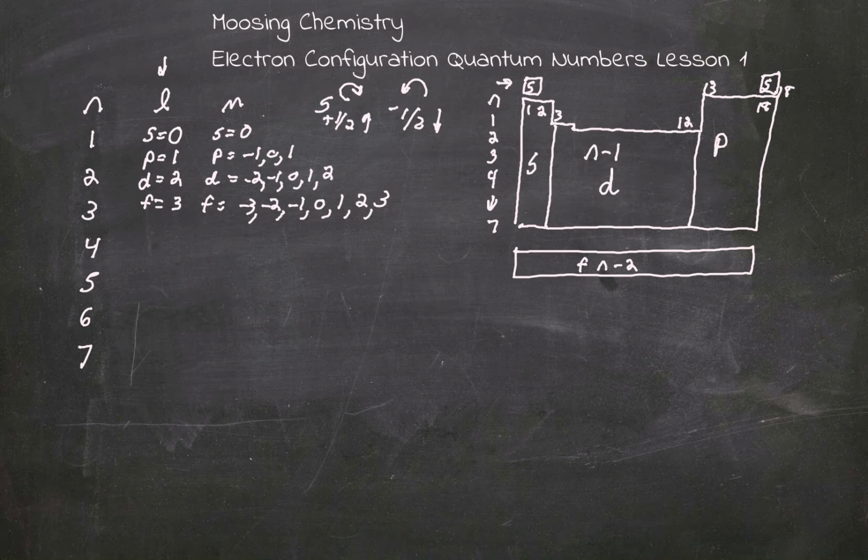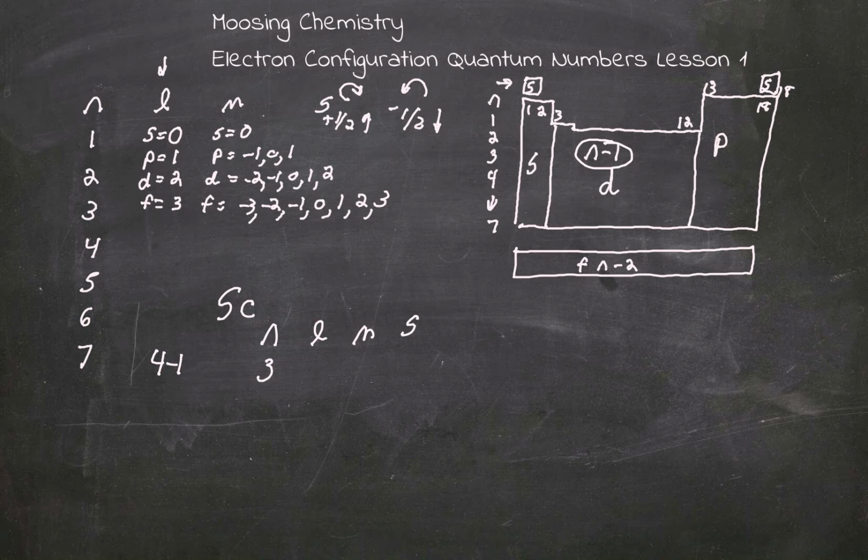Okay, let's look at 2 more. Let's take scandium. Remember we have N, L, M, and S. Now scandium looks like it's in the 4th row going across, but remember that scandium is in the D block, which is N-1. So for the N value, you would say 4 minus 1, which gives us an N value of 3.